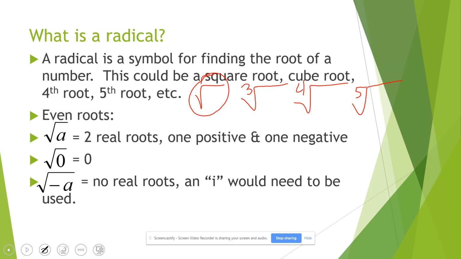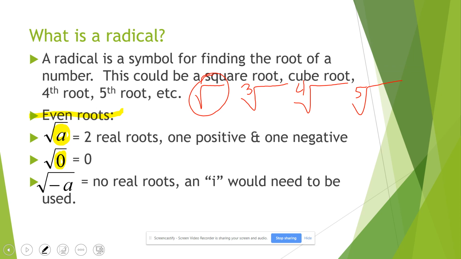For all even roots, if the number underneath the radical is positive, then you have 2 real answers, one positive and one negative. That's for an even root. Remember, even is 2, 4, 6, 8, 10. If your value underneath an even root is 0, your answer is 0.